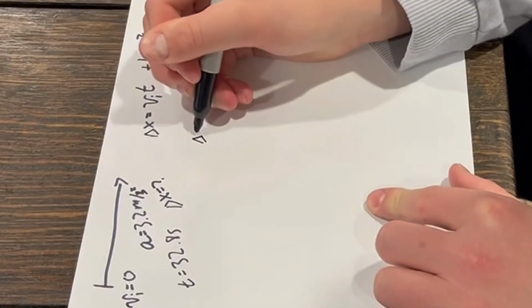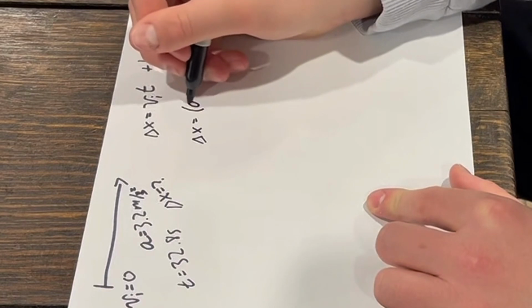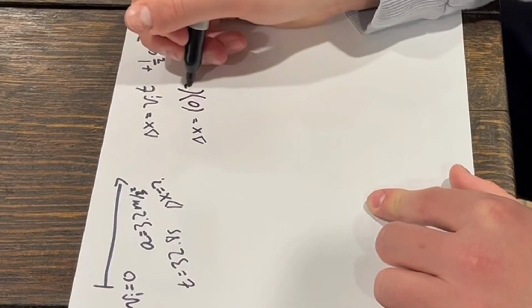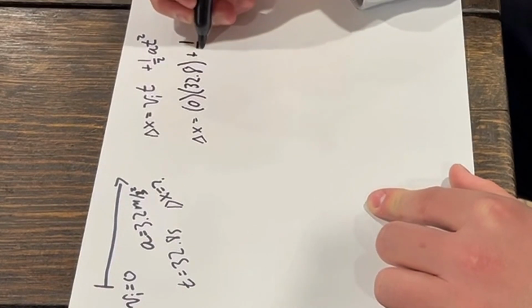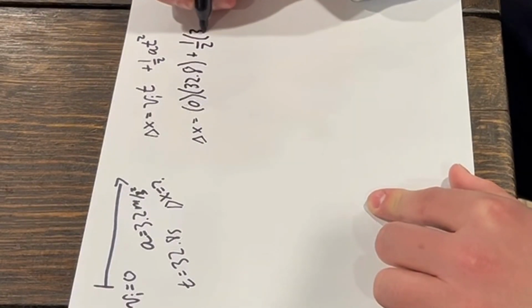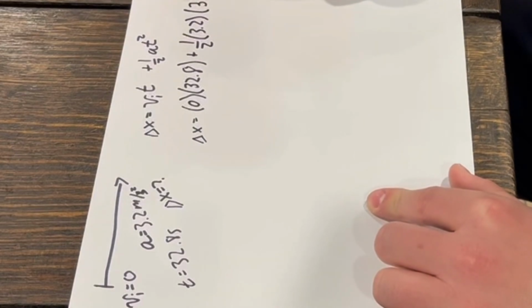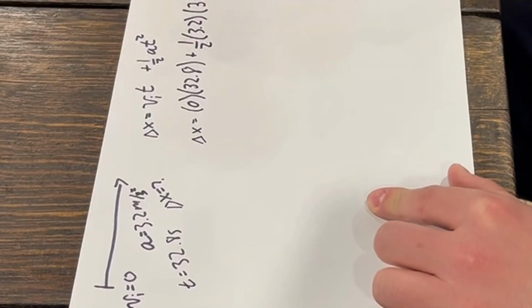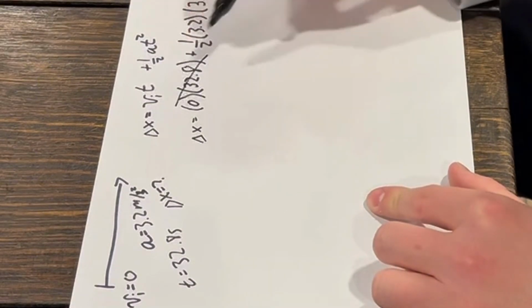We can plug in delta X equals 0 times 32.8 plus 1/2 our acceleration, which is 3.2, times our time, which is 32.8 squared. Now, the initial is 0, so that cancels.